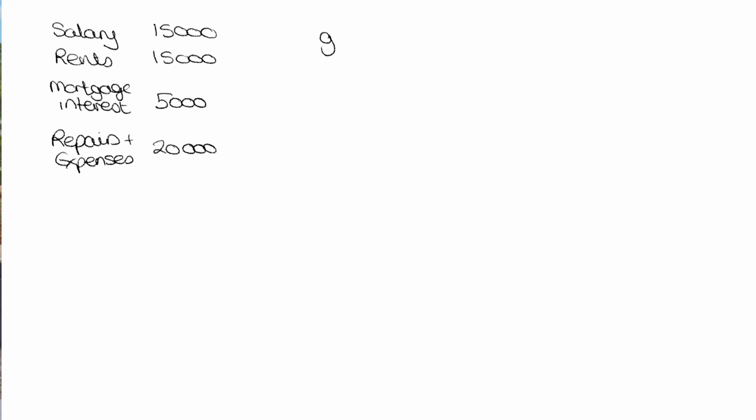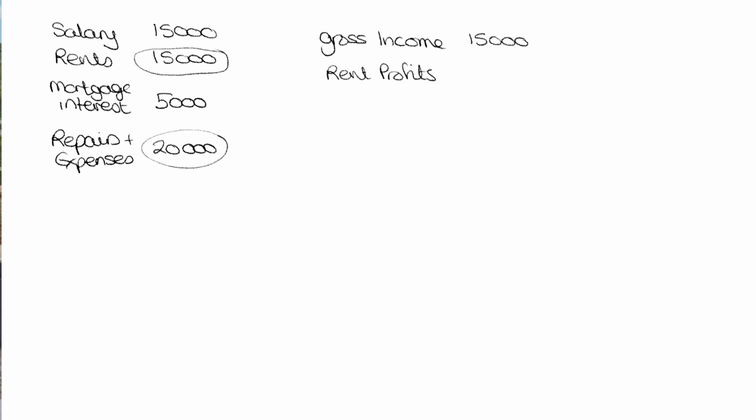So now if we look at the tax position, we can see that their gross income is going to incorporate our $15,000 salary. But for our rental profits, we have got to take our $15,000 and our $20,000 to give us minus $5,000.